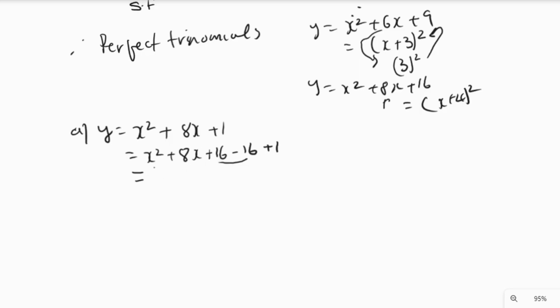The first three terms with a positive number become exactly the same as this, which means it's (x plus half of 8, which is 4) squared. If I factor the first three terms, I will get (x plus 4) squared. What's left over? Left over is minus 16 plus 1, which is minus 15. So vertex form helps me to find the vertex. The vertex in this case would be whatever makes the bracket 0, which is (negative 4, negative 15).